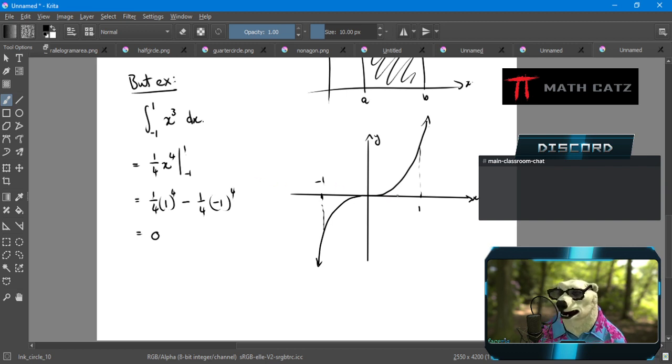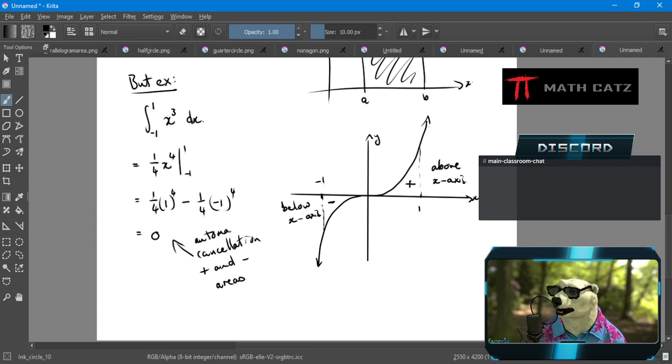It's actually associating a sign of positive with areas above the x-axis and a negative sign with areas below the x-axis. And when they're put together, there is a cancellation in positive and negative areas that happens automatically.